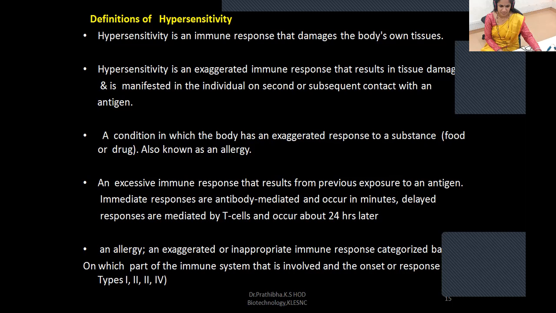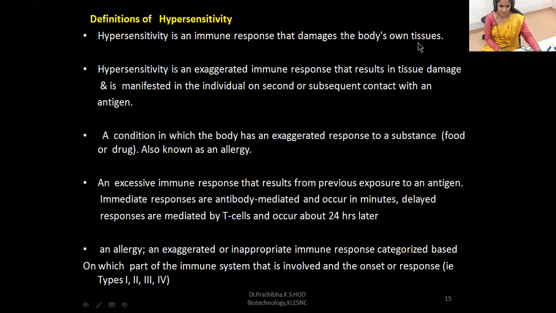Hypersensitivity is also an allergy, an exaggerated or inappropriate immune response, categorized based on which part of the immune system is involved and the onset of its response. That is type 1, 2, 3 and 4 we have classified. So we have four types of hypersensitivity: type 1, type 2, type 3 and type 4.